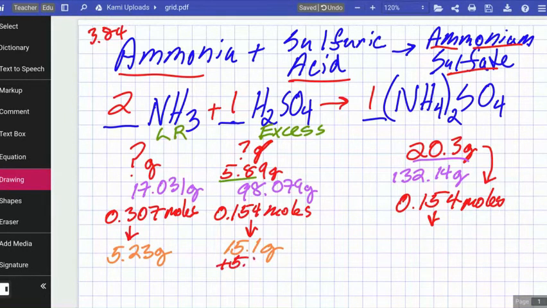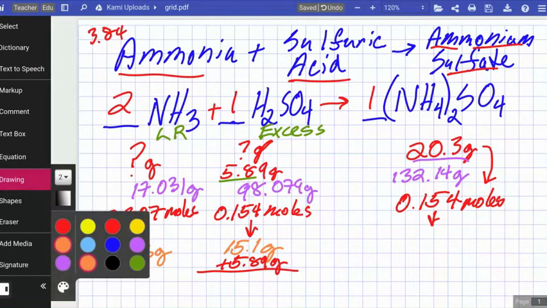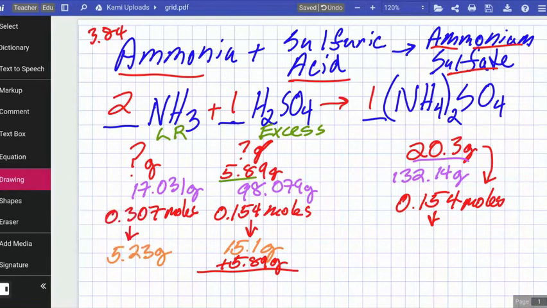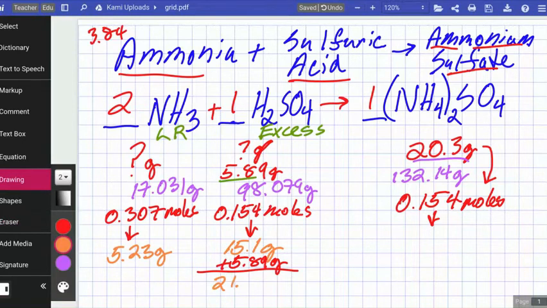So I'm going to add that leftover of 5.89. I must have started with about, since I know I used 0.154 moles, which is 15.1 grams, and then I had some leftover that didn't get used. So I must have started with somewhere around 20.99. So I probably should make this 21.0 grams. Must have started with 21.0 grams of my sulfuric acid.